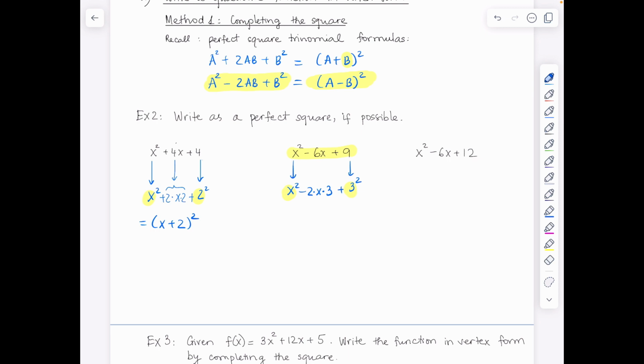And when you multiply, negative 2 times 3 gives you negative 6, and then negative 6 times x is negative 6x. So we just rewrote x squared minus 6x plus 9 in the form a squared minus 2ab plus b squared. So that means we can write it in the form (x minus 3) squared, which is this side of the formula here.